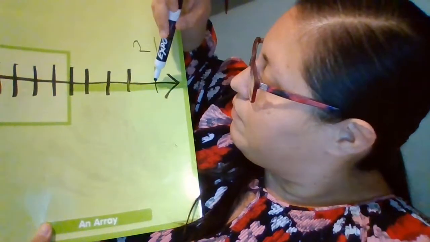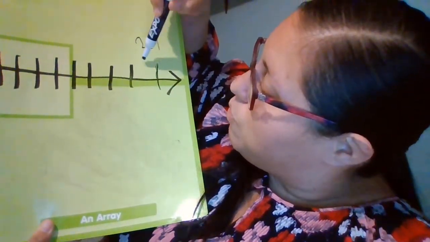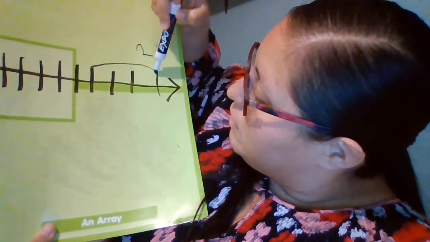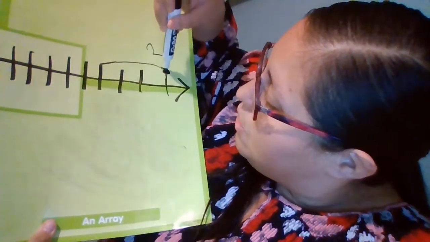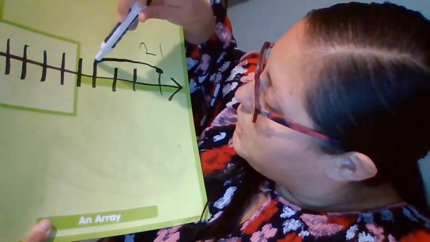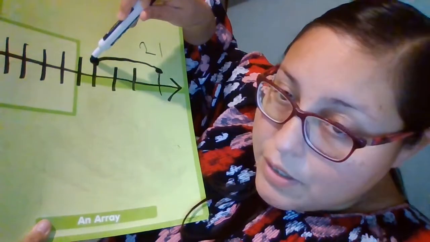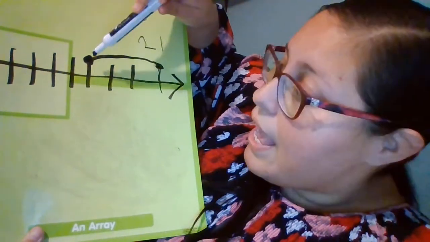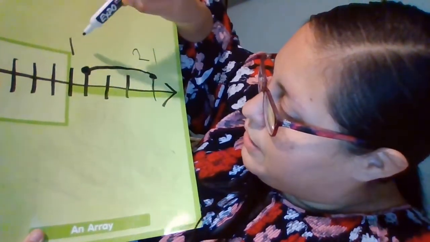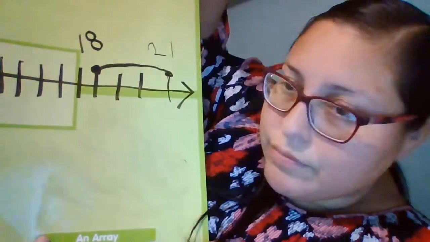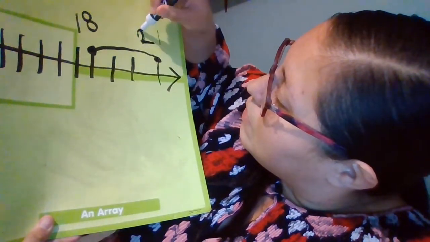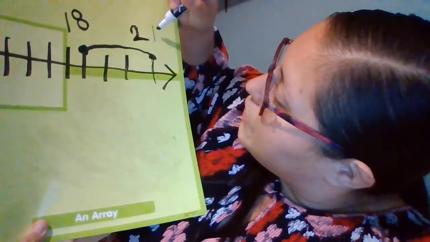So from 21, I'm going to jump 1, 2, 3 spaces, and I'm going to stop here. So if this is 21, this is 20, 19, 18. I'm going to write 1, 8 for 18. And now 21, let me make it a little prettier and darker.